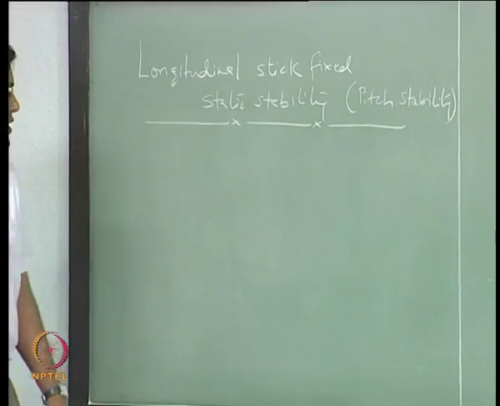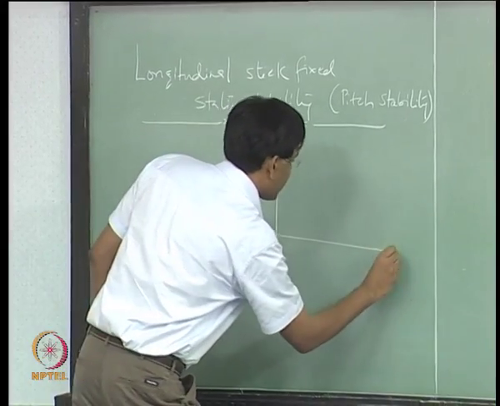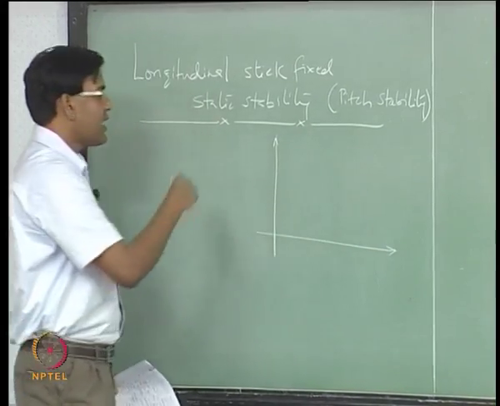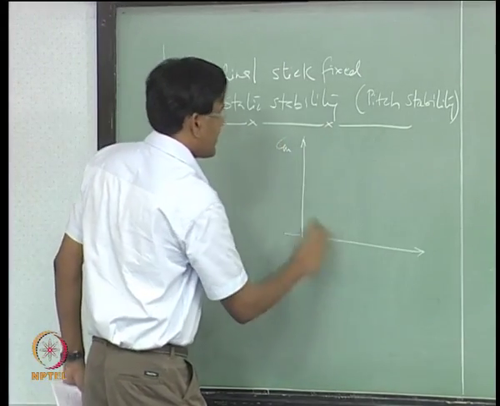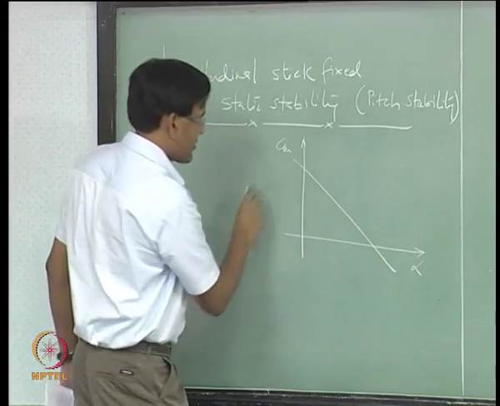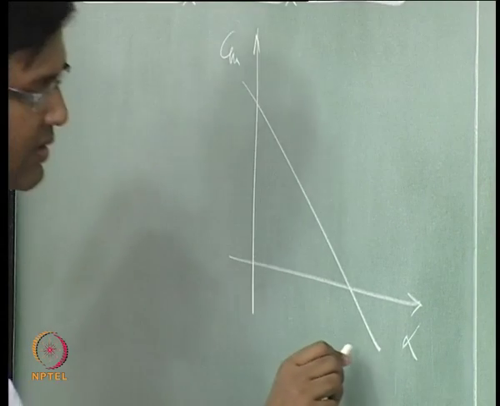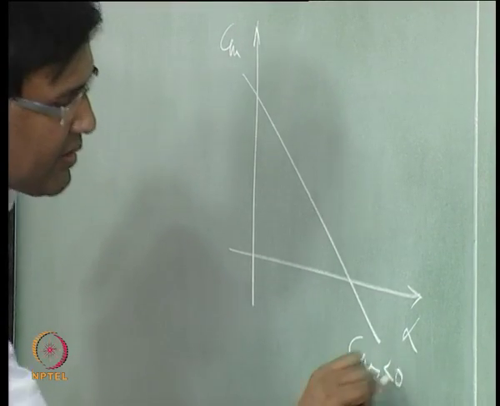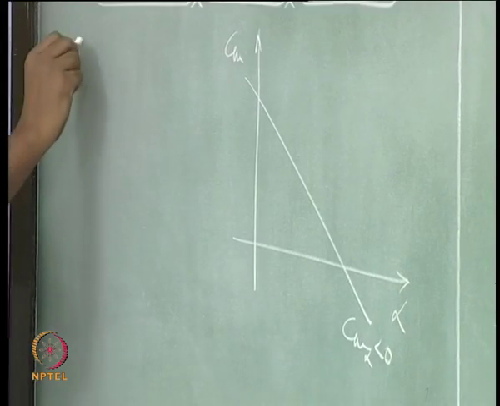If you remember, we said an aircraft, to be statically stable in pitch, has to have a Cm versus alpha curve which has a negative slope. So, this was the criteria for pitch stability.